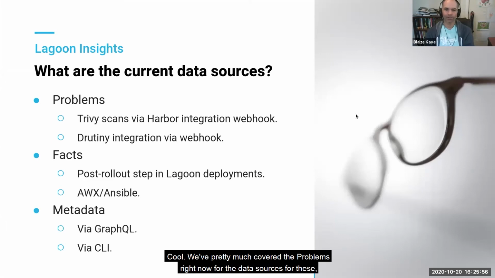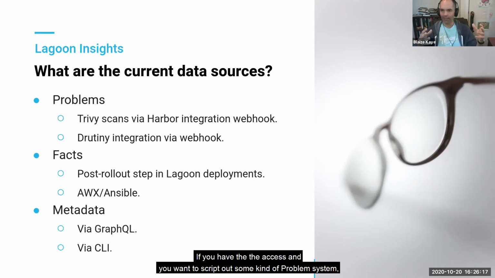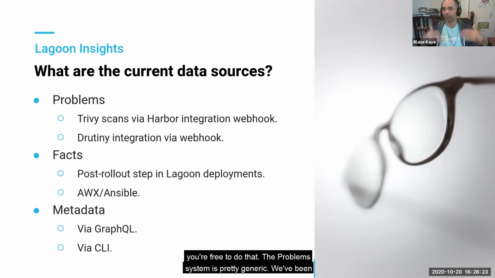Cool, we've pretty much covered the problems data sources. But other than the Harbor integration and Drutiny integration, you can obviously connect and write problems via the GraphQL API. So it's really open. Just like with facts, if you have the access and you want to script out some kind of problem system, you're free to do that.